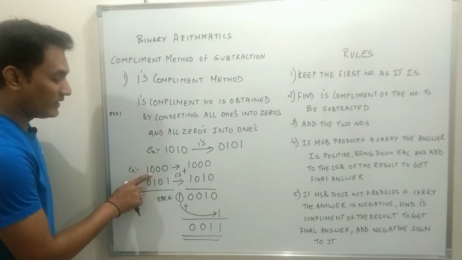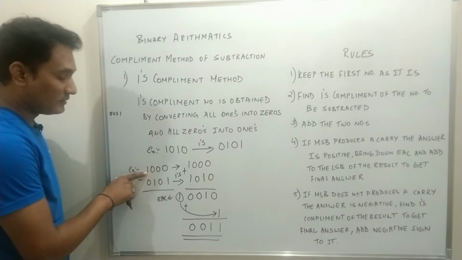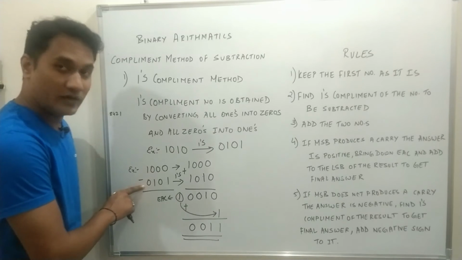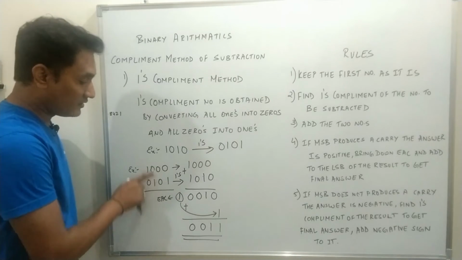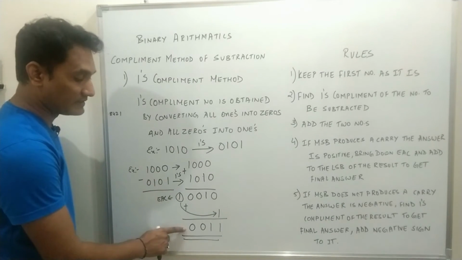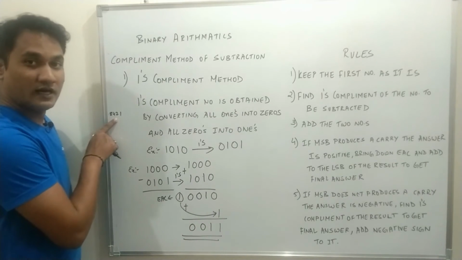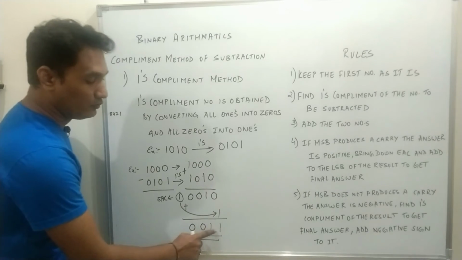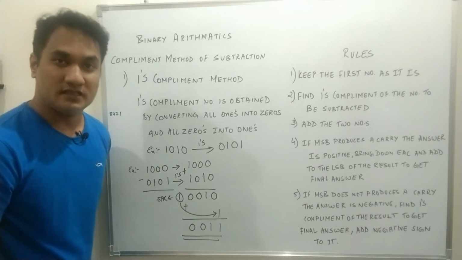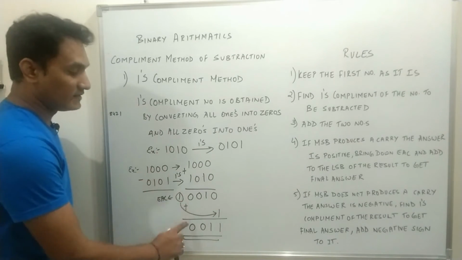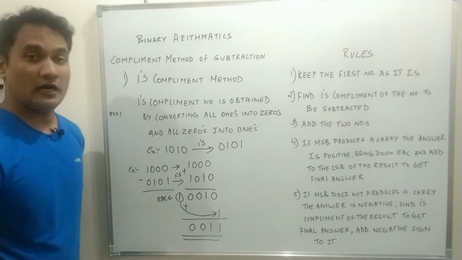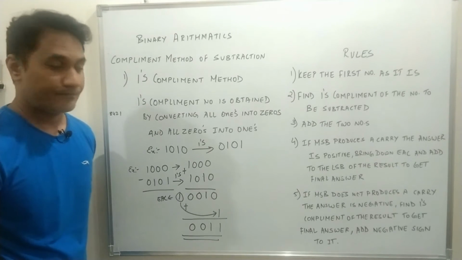What was the expected value? The first number was 8, the second number was 5, and the subtraction of 8 minus 5, the expected answer is 3, 0 0 1 1. If you compare with 8 4 2 1, it will be 2 plus 1, that is 3. So this is an example of a positive number.